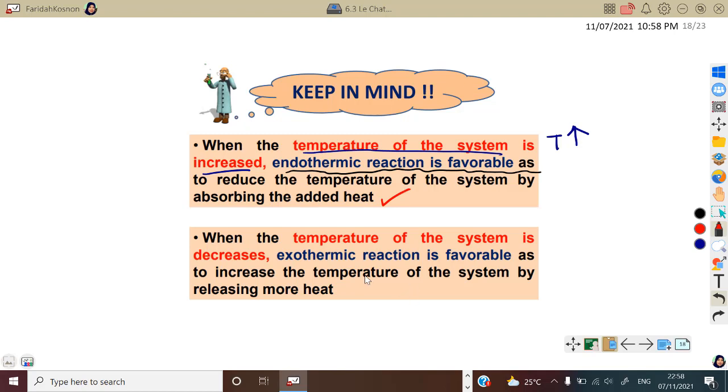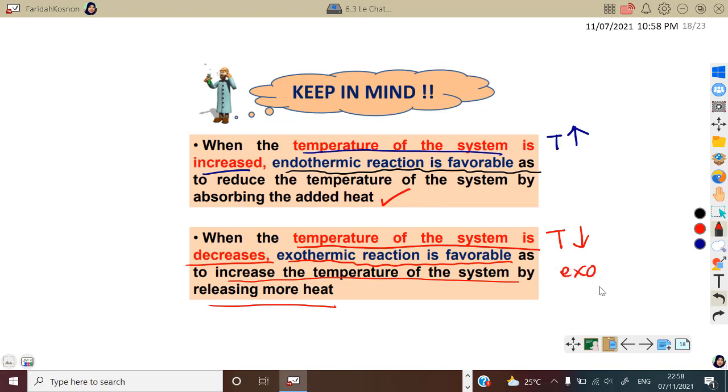Okay, but if the temperature of the system decreases, kalau kita ganggu sistem itu dengan kita lowering the temperature, to counteract ataupun to reduce the disturbance, exothermic reaction is favorable to increase the temperature of the system by releasing more heat. So gangguannya sekarang ni, kalau temperature itu berkurang, dia akan favor exothermic reaction.